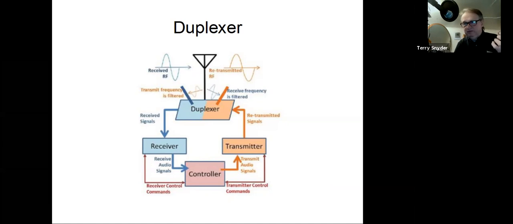When it hears a signal, it triggers. I won't get into the details of it. The signal goes high, which will then go into the controller and pull in a logic circuit or a relay, depending on the manufacturer, and it will do what it needs to do to make that audio signal reach the transmitter and be retransmitted.